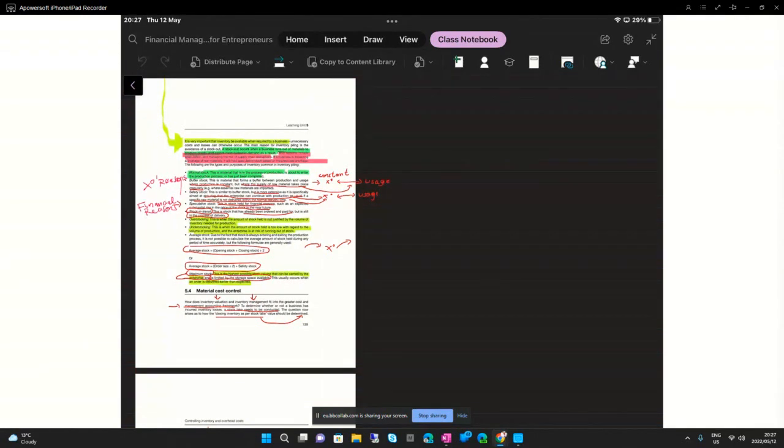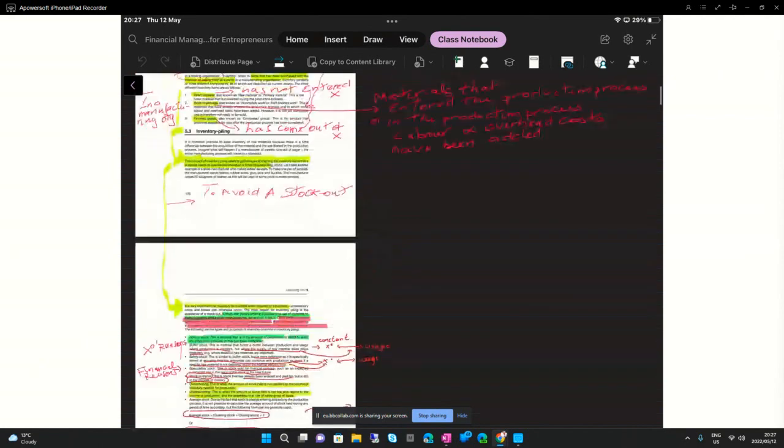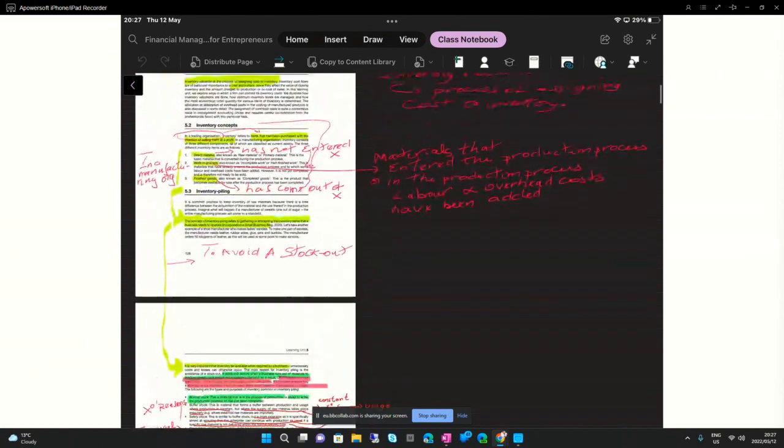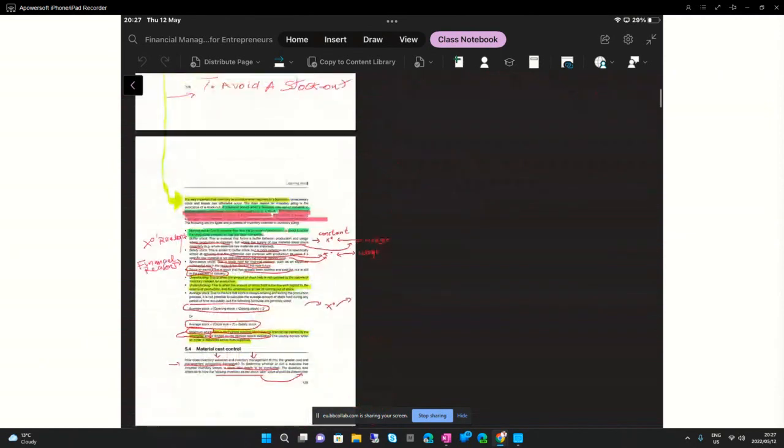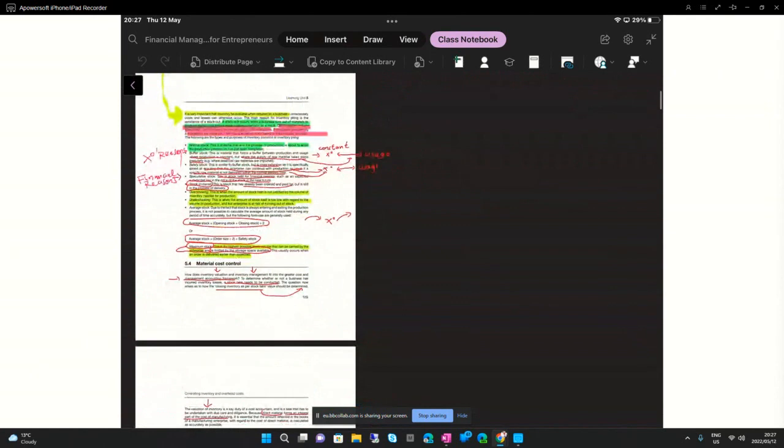You will have the normal stock. The normal stock is material that is in the process of production. It is about to enter the production process, or it has just been completed. So whatever we talked about here, direct material, work in progress, finished goods, this is considered normal stock. All right.